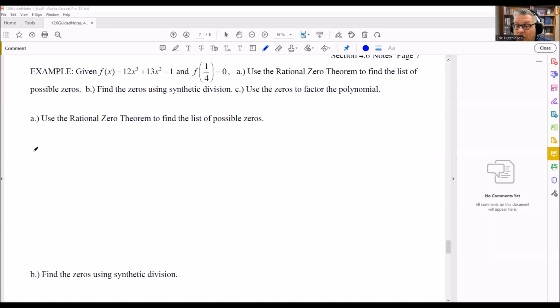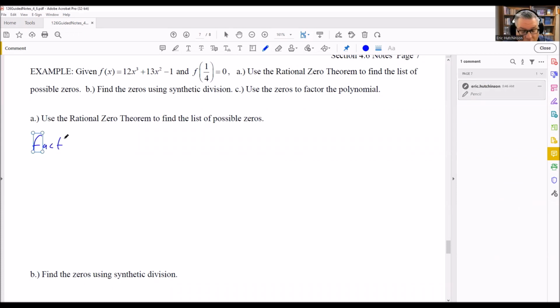So this is, again, factors. We have factors of -1, the very last number, over factors of 12. On top, we're going to write the factors of -1. That's just basically plus or minus 1, and that's it, actually.